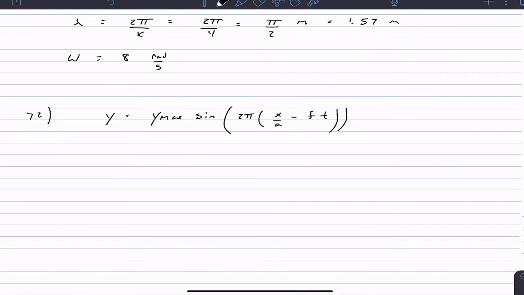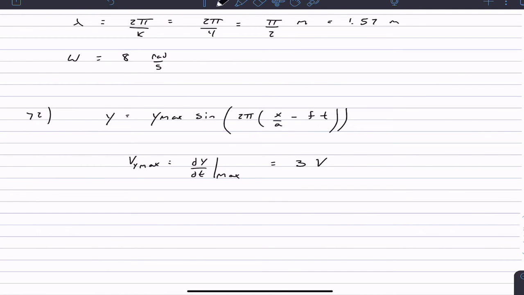So for the next problem, we're given a wave function, y max sine of 2 pi times x over a minus f times t, right? We are told that v max is equal to the maximum value of dy dt, and we're also told that the magnitude of the maximum speed is equal to 3 times the propagation speed.